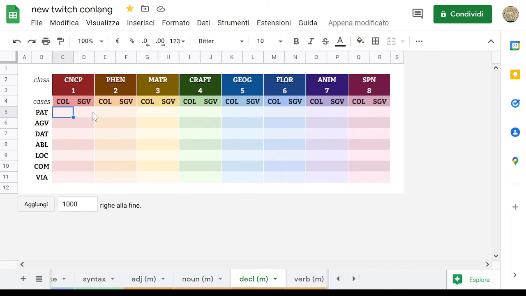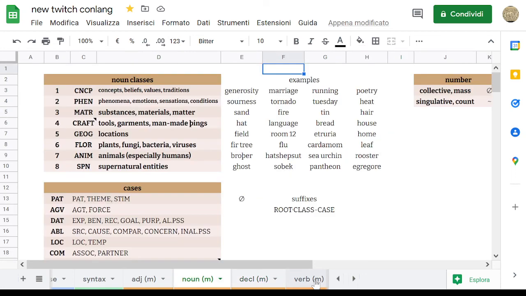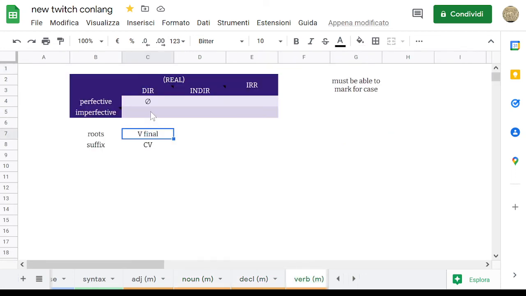I would just need there to be a consonant between the ending, because if I just choose a vowel for one of these classes, it would need to be a vowel that does not show up as a verb root ending, because I don't want it to be ambiguous with a perfective direct evidentiality root, or if I still haven't made the decision about imperfective or perfective as the default.